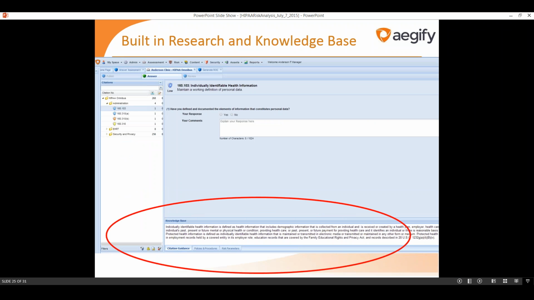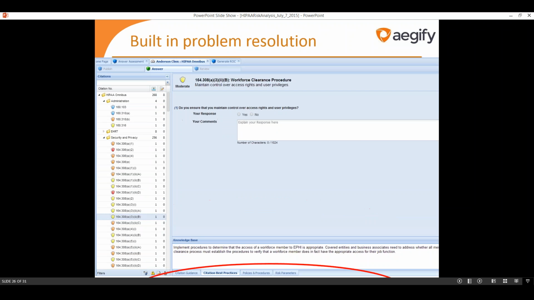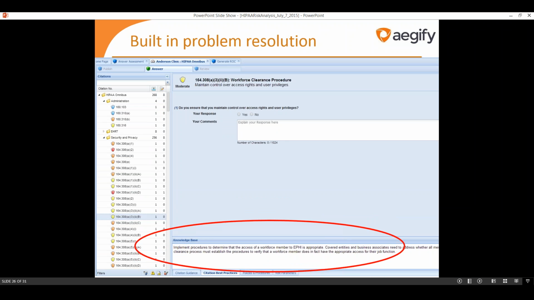It's got citation guidance, so that if you're not familiar with HIPAA, the system will guide you and explain what needs to be done and how it will be done. It also covers best practices leveraged from the industry, so that you know what you're doing is ratified and followed by the leading industry players as well.